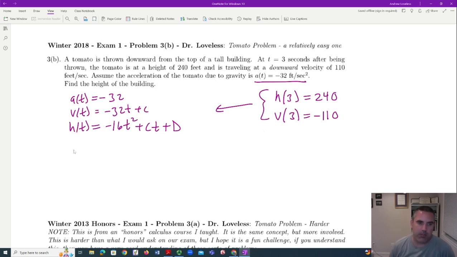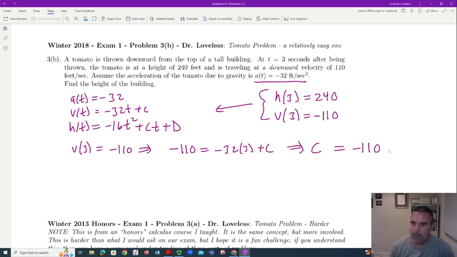The easier one to deal with is the velocity, so let's deal with that first. The velocity at 3 is negative 110, so that implies negative 110 equals negative 32 times 3 plus c. And from that we can solve for c, which is negative 110 plus 96, so that's going to be negative 14.